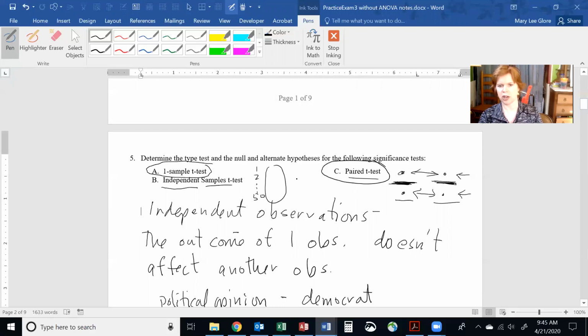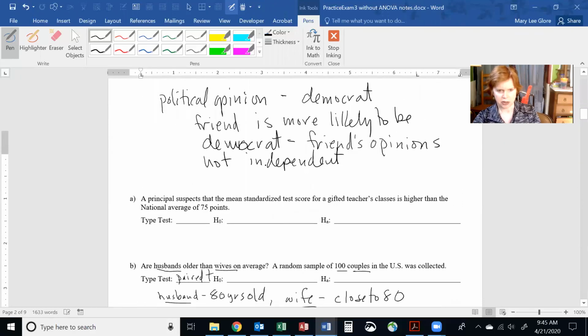So there's some other number, here's the national height of women, on average is 5'4". I take 50 from Northern Kentucky. Is their average 5'4"? All right, so when I look here, a principal suspects the mean standardized test score for a gifted teacher's class is higher than the national average of 75. So when I have a number to compare it to, that's going to be a one sample t.